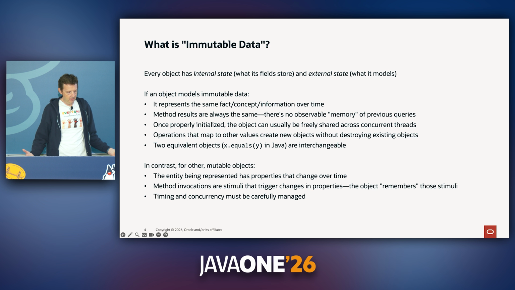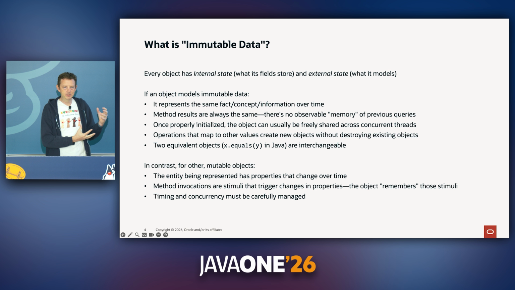What do I mean by that? First, let's keep in mind that every object has its field values, which you could call its internal state, and then what it represents, which is external state. Those two things are not the same. Having fields with certain values does not define what you represent.